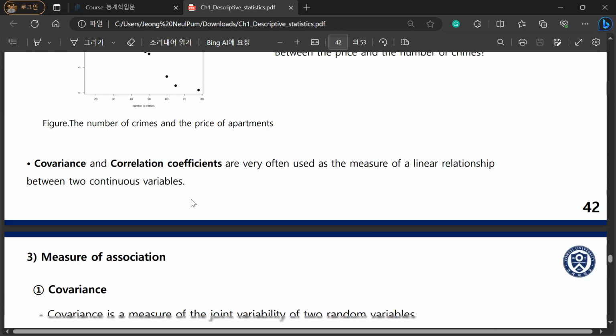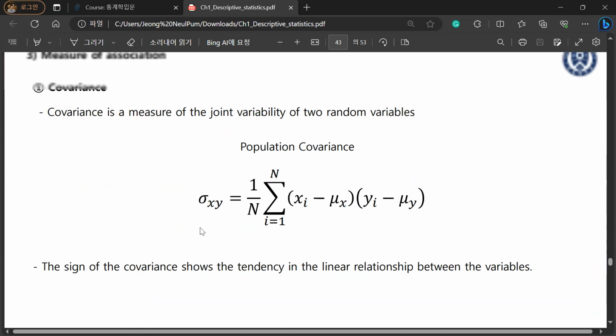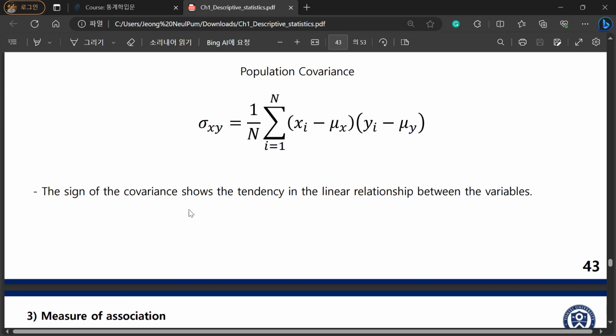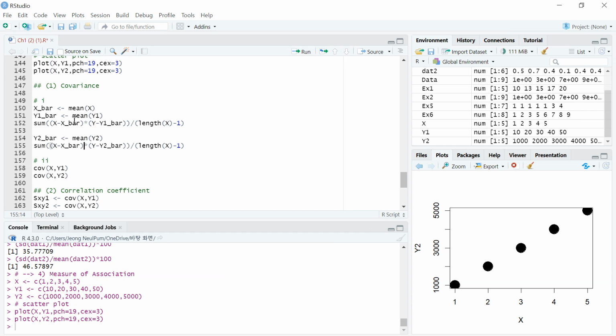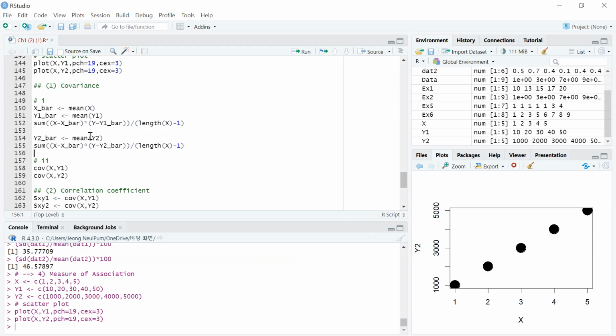So covariance gives us the measure of the joint variability of two random variables. So it actually reflects the scale of the two data. By using this formula, we can get the covariance function here.